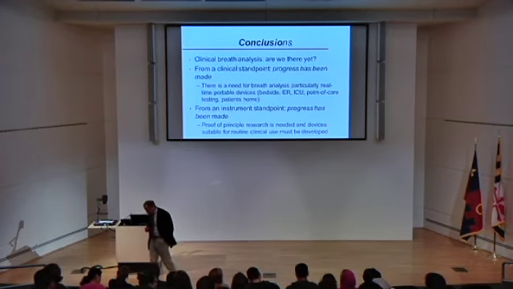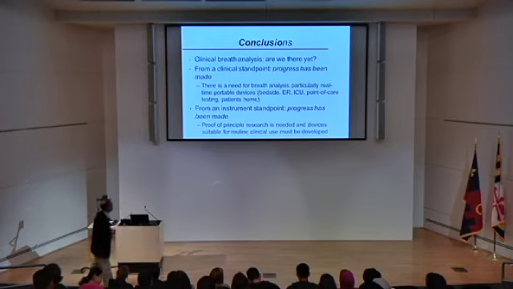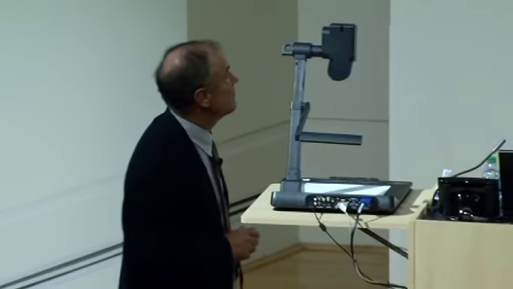Well, let's finish by saying, clinical breath analysis, are we there yet? Well, progress is being made, but there's still need for real-time breath analysis. Most of the equipment that's being used has been analytical equipment that you have in any chemical lab. So what you're doing is modifying the analytical method to use that equipment.